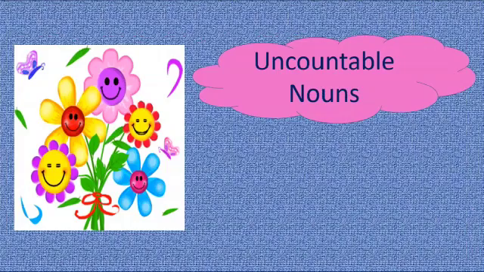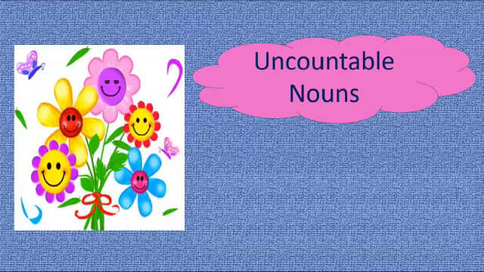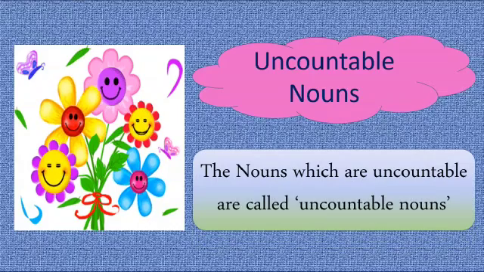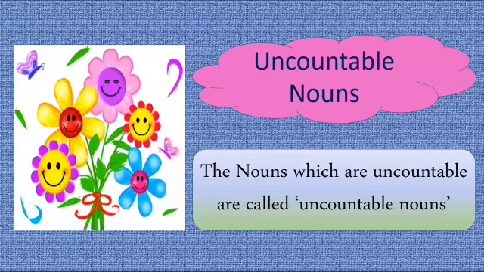So children, uncountable nouns are those nouns which are uncountable. The nouns which are uncountable are called uncountable nouns. जी, जो nouns हम काउंट नहीं कर सकते उनको हम कहते हैं uncountable nouns.